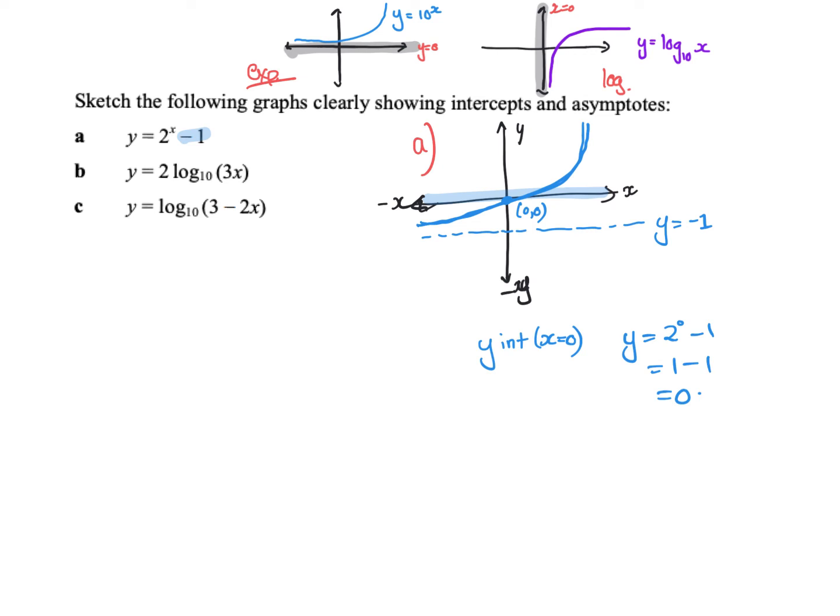I'll just do C with you guys. With the log, just remember, so that we can see what type of transformations are happening, you should probably have x by itself. I don't want the 2 there in front of the x, because I want to see how it moved around from our basic one.